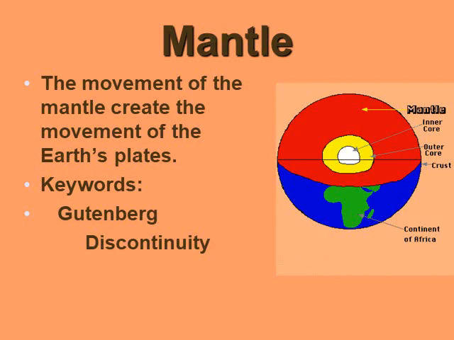Between the mantle and the core ay meron din tayong tawag na pangalan dun sa boundary. At ang tawag natin dun ay Gutenberg discontinuity. It separates the mantle and the Earth's third layer, from the German seismologist Benno Gutenberg.